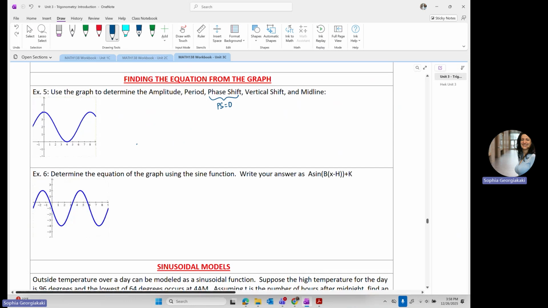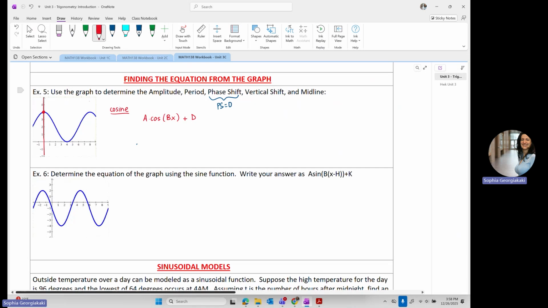Therefore, I'm going to try to have a phase shift of 0 and just select the appropriate function. There is no correct function. This graph starts at the top, so I'm going to use a cosine function. So I'm going to have a times the cosine of bx plus d, and I will not have a c.